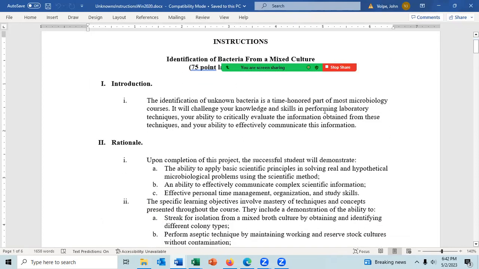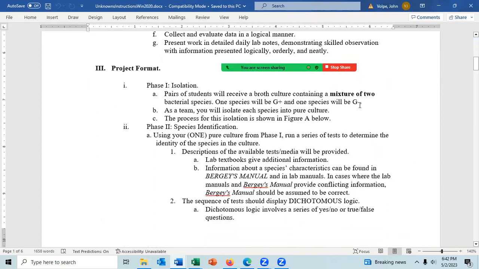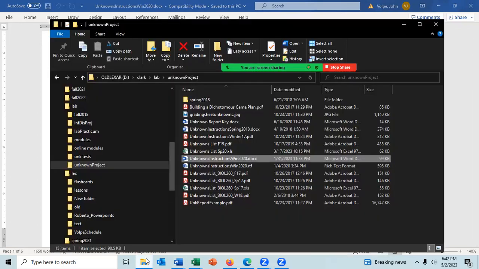So it tells you a little bit about the introduction and the rationale. You can look through that. The project format, you need to isolate the, this isn't the best one. Let me see if I can find a newer one. That's actually the newest date, but that's not right.